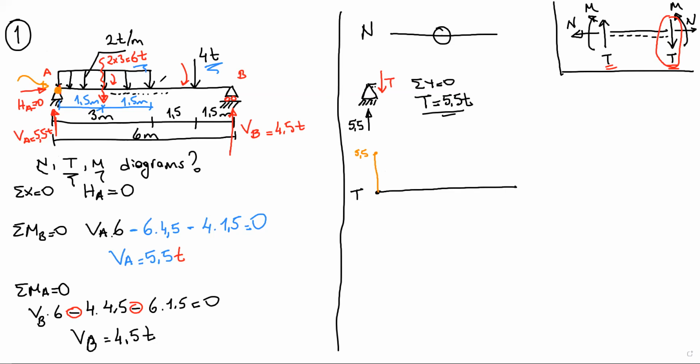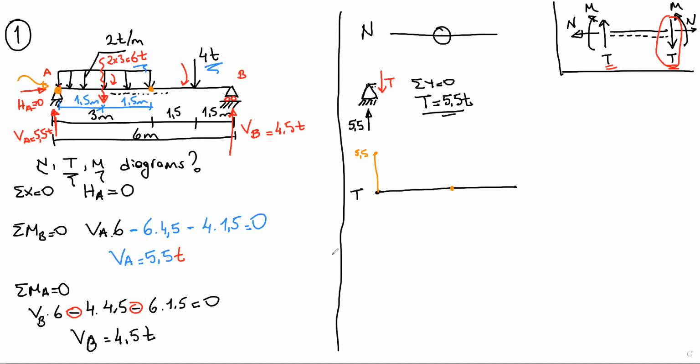Now, from this point to the end of the uniform distributed load, there is no other point load or anything else. There is only uniform distributed load here. So let's say that point is here, the end of the uniform distributed load.